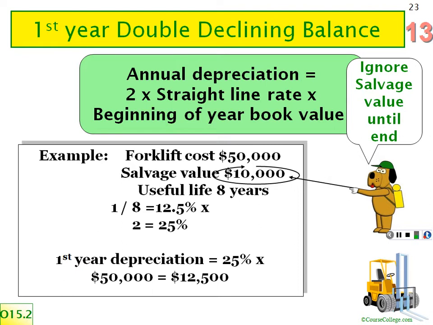As soon as you do that, what happens to your book value of that asset? It drops by $12,500. As soon as it's recorded, you have a new book value which has declined. That's why they use the phrase declining balance. A new book value which has declined by that $12,500. It's going to be $37,500 to start your next fiscal year.